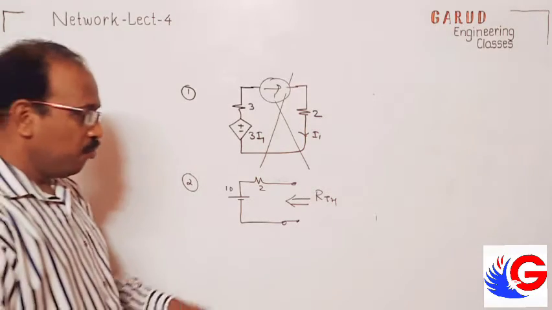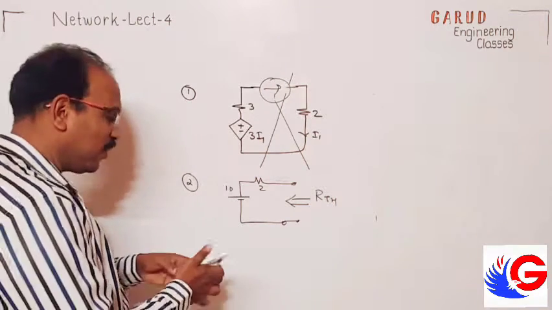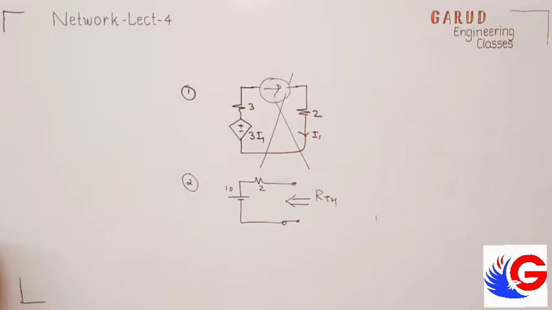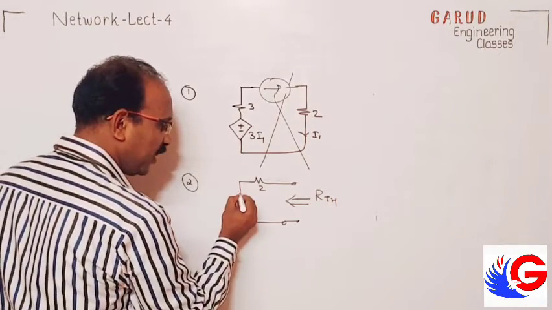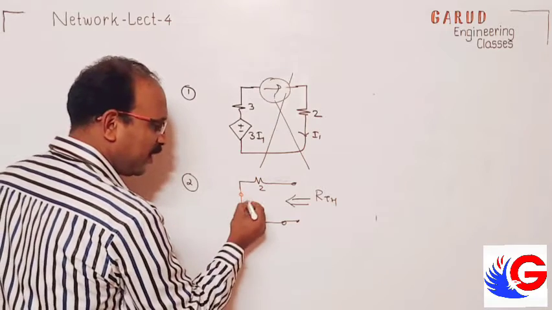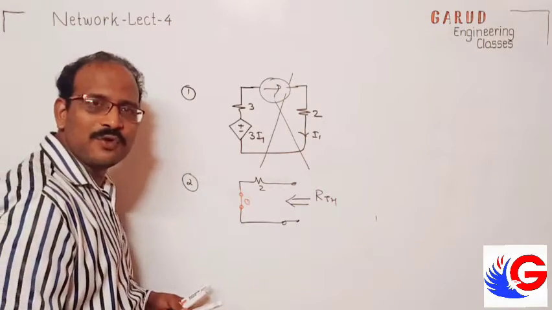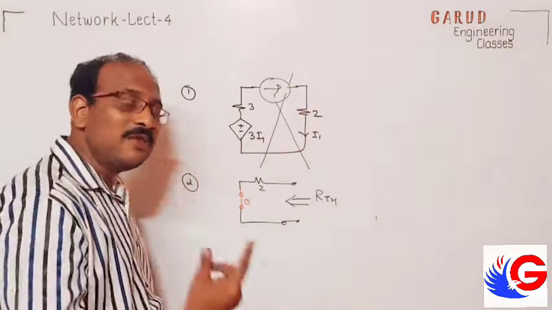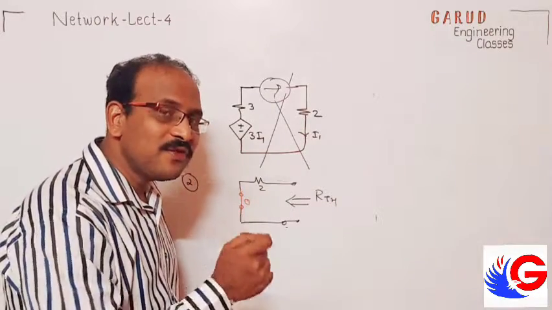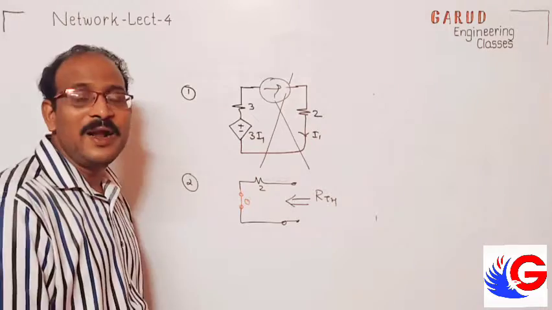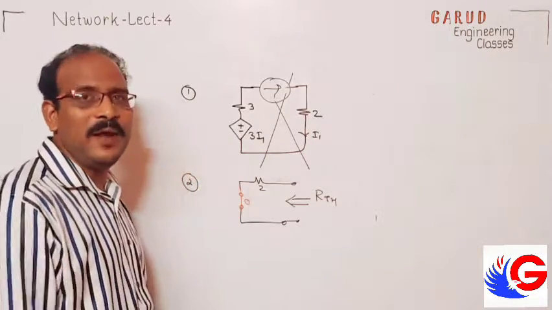First kill this energy source. How to kill a voltage source? A voltage source is replaced with a short circuit, with zero resistance. What is the reason? Because we treat it as an ideal source. What is the internal resistance of an ideal voltage source? The internal resistance of an ideal voltage source is 0, and the internal resistance of an ideal current source is infinity, meaning open.